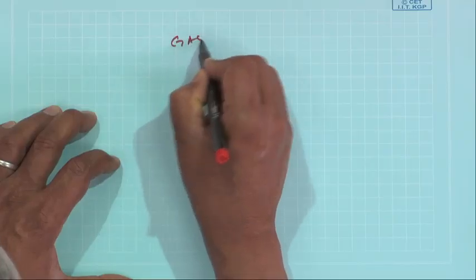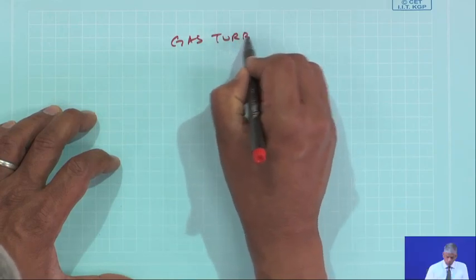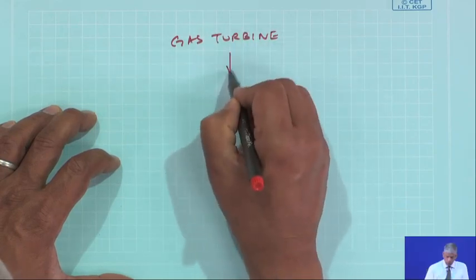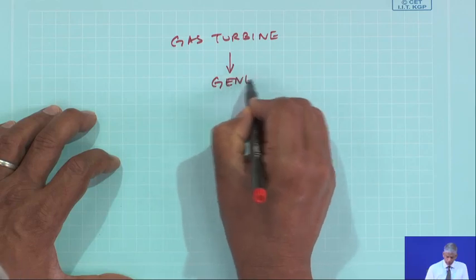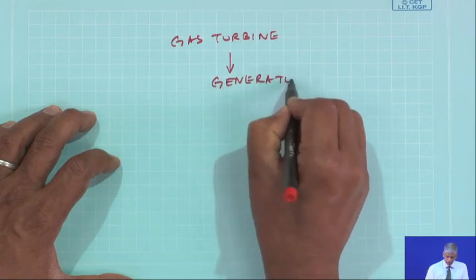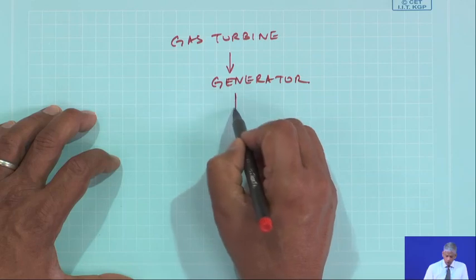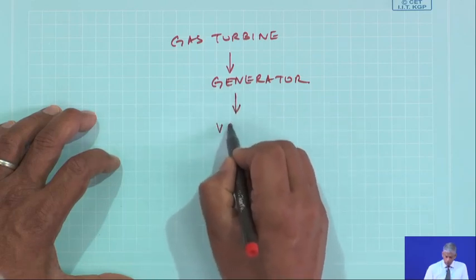Gas turbines would drive a generator. Okay. So, the generator would generate a voltage.